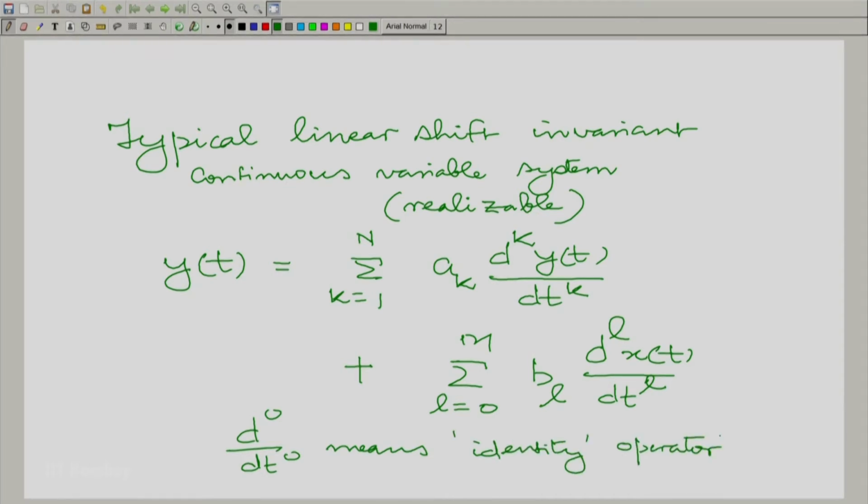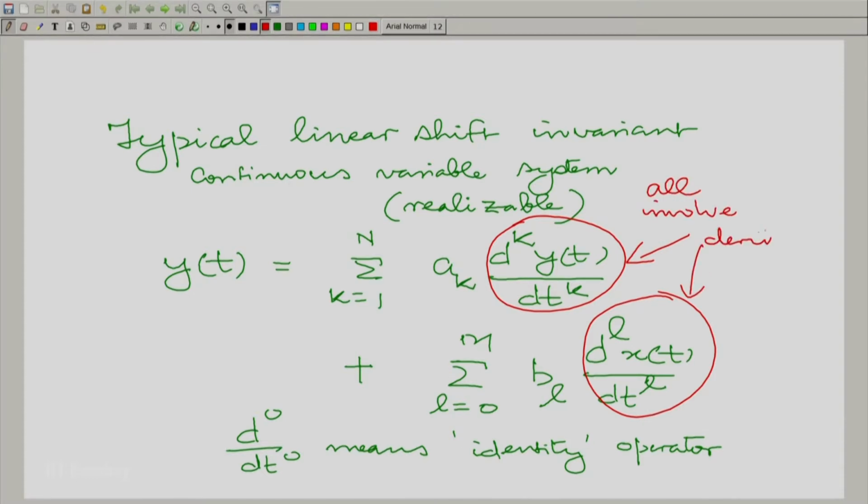So, when we write d^0/dt^0, we essentially mean the identity operator, there is no derivative involved. Now, here all over we have derivatives, as you can see. There are derivatives here and there are derivatives here. And therefore, it is very important that we understand what happens to the Fourier transform when we take a derivative.